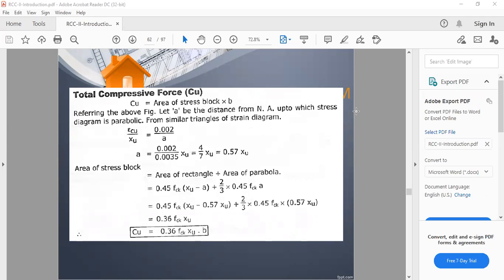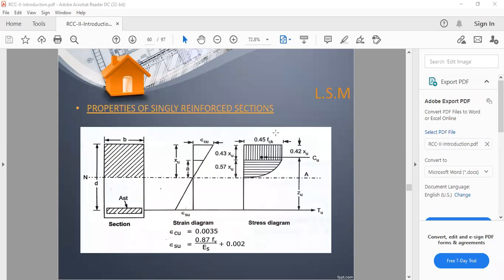We'll start now. Yesterday, we already went through this basic diagram. This diagram is very important. On this diagram itself, how to calculate how the stress distribution or strain distribution is going to be, and even certain formulae are calculated.